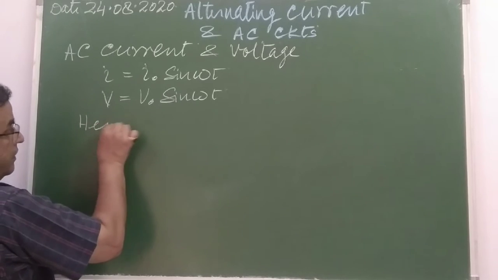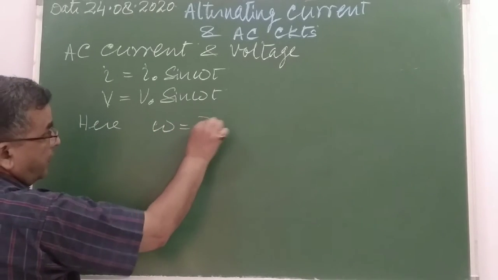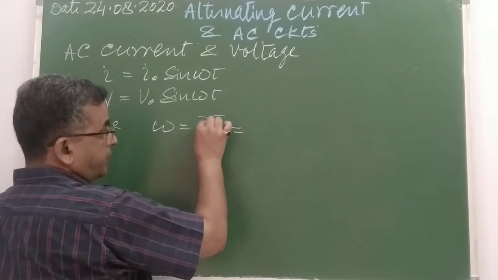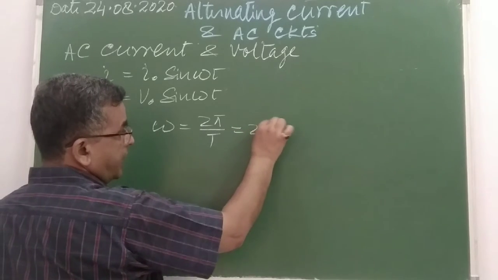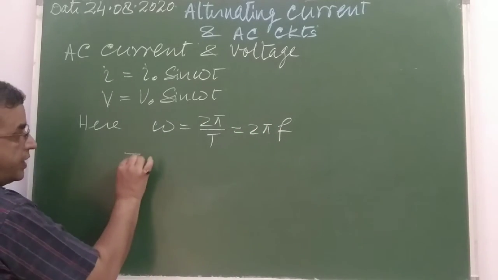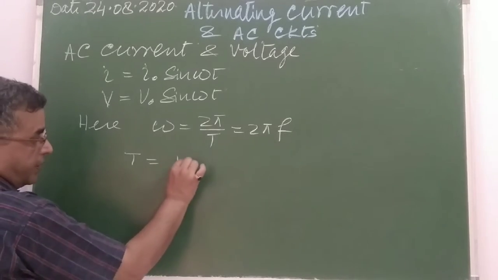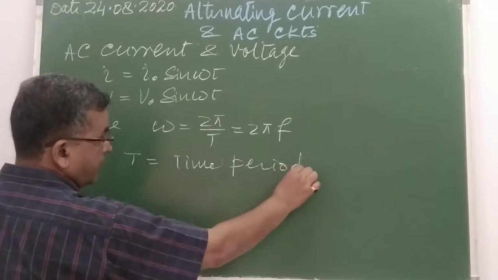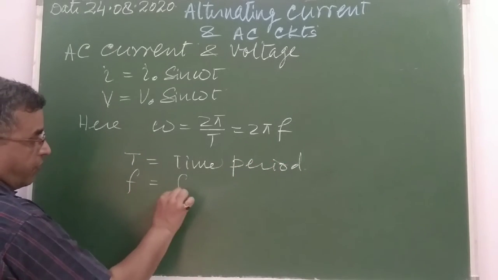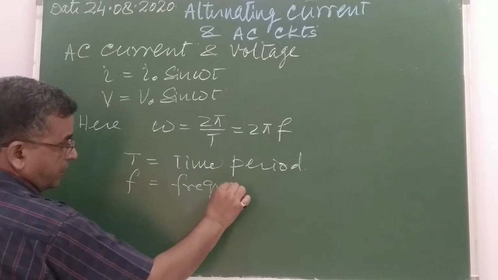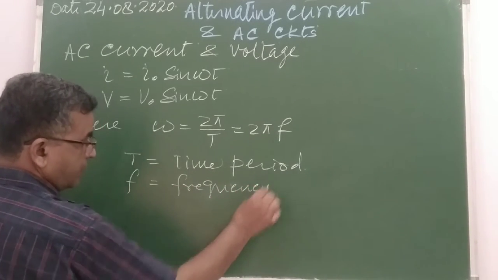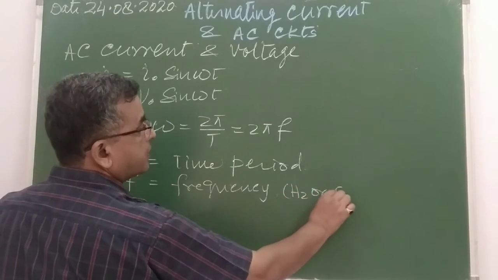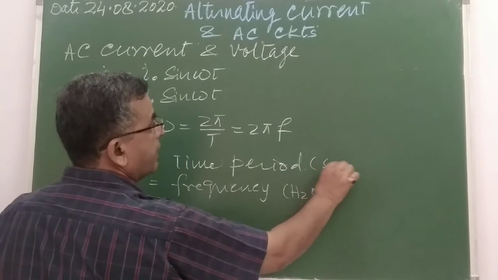Here omega equals 2 pi upon T, and 1 upon T is expressed as f. T is the time period, measured in seconds, and f is frequency, measured in hertz or second inverse.